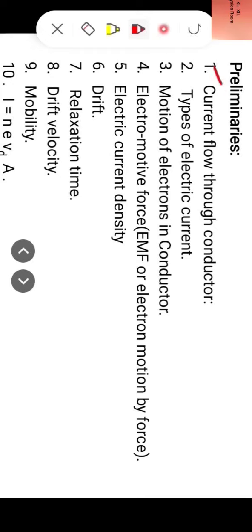First one is current flow through conductor, second is types of electric current, third is motion of electrons in conductor, fourth is electromotive force or EMF, fifth is electric current density, sixth term is drift, seventh is relaxation time, eighth is drift velocity, ninth is mobility, 10th is the relation I = nevdA, 11th is J = nevd, where J is current density.